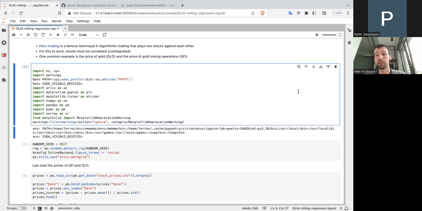So Prophet is not bad. You can use it if you need to make predictions.